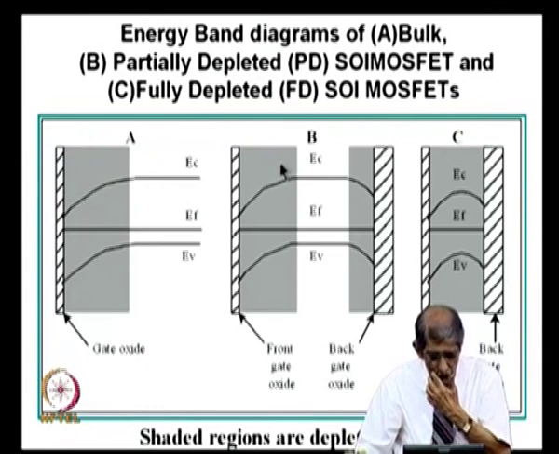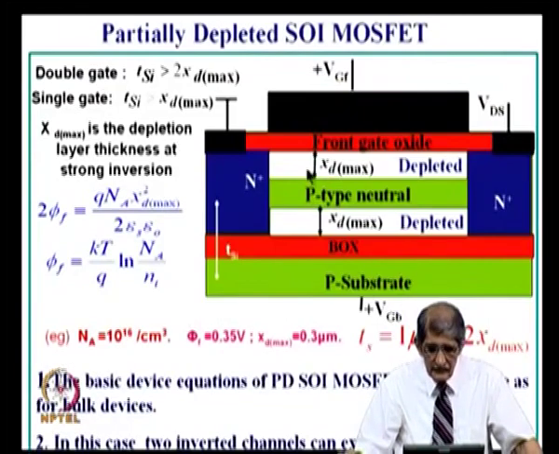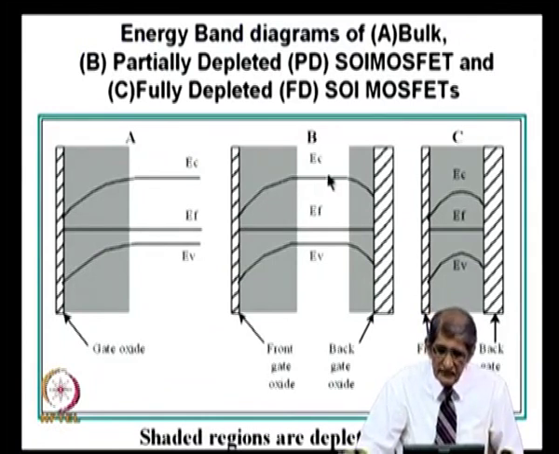Okay. Now, this is the region which is not depleted. We are coming from here to here: depleted, no depletion, depleted from the back side, because of the applied voltage plus here. So, the field is in that direction here, and here the field is in this direction. The band diagram is like this.